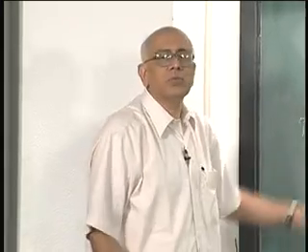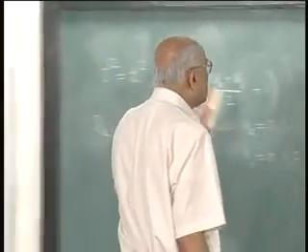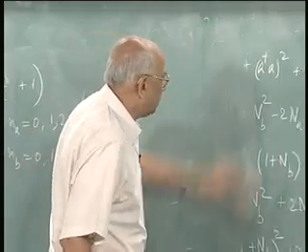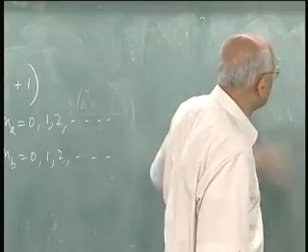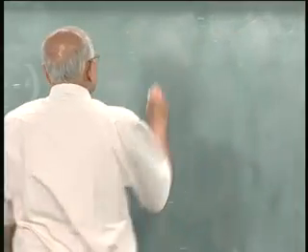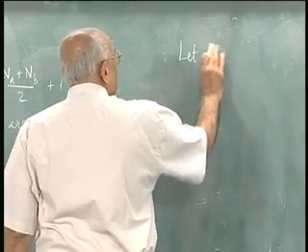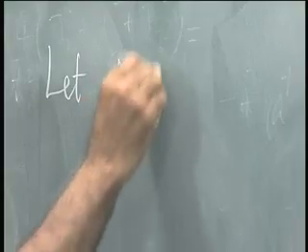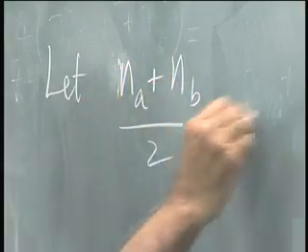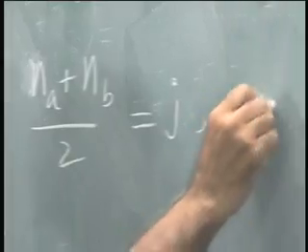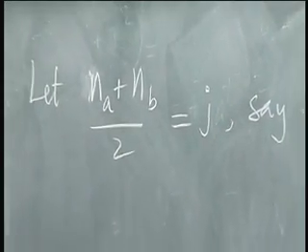So we know the eigenvalues of the total angular momentum. Whatever be the system, whatever be the states, whatever be the physical nature of the system or the angular momentum, we do not care. The only possible eigenvalues of J squared, so let (nA + nB)/2 be equal to J. Let me just use the notation J. It is a non-negative number, it is a real number, and nA and nB are non-negative integers, right.